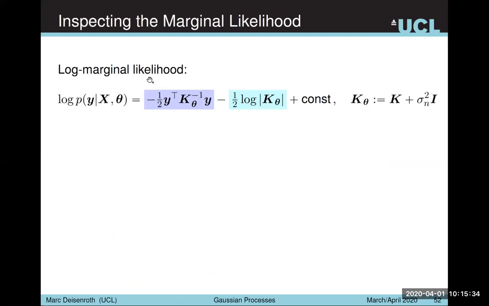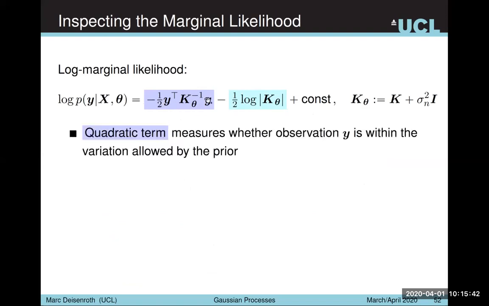So we're copying from the previous slide the marginal likelihood term, and I'm highlighting two particular terms over here. The first one, this quadratic term, is what we called earlier the data fit term, and this term measures whether a training observation y is within the variation allowed by the prior distribution. So effectively, that measures whether we can model the data.